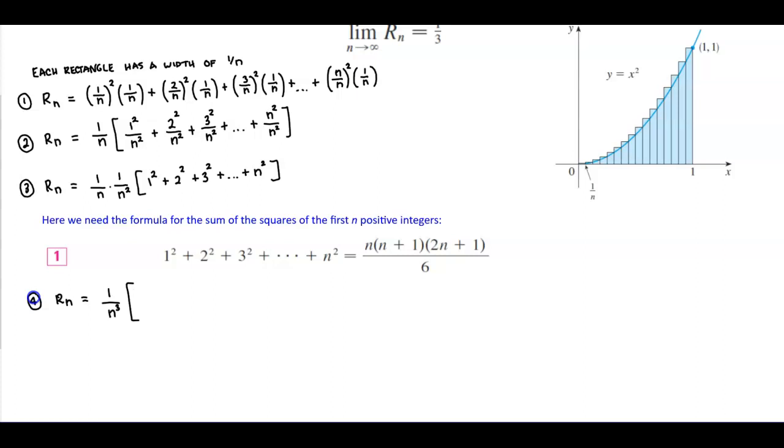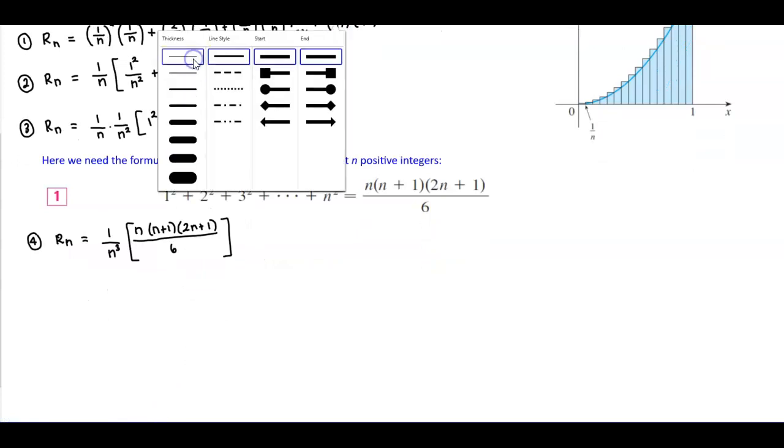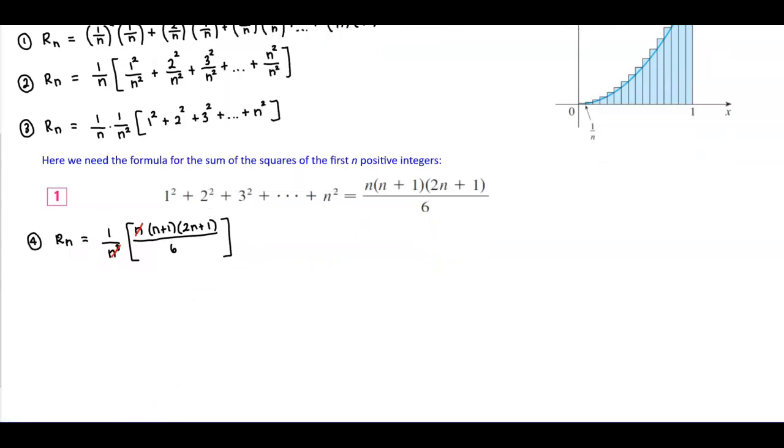And then we're going to multiply that by n times n plus 1 times 2n plus 1 divided by 6. Okay, so what can we do here? Well, we can simplify one of the n's, and we get n squared.